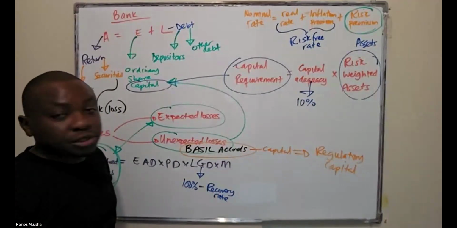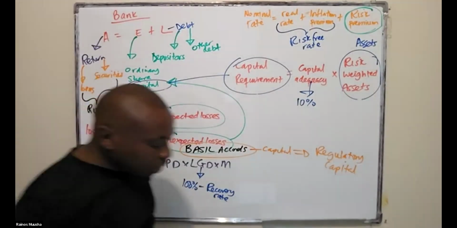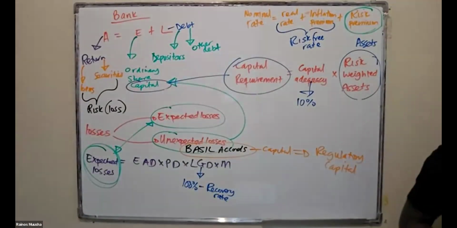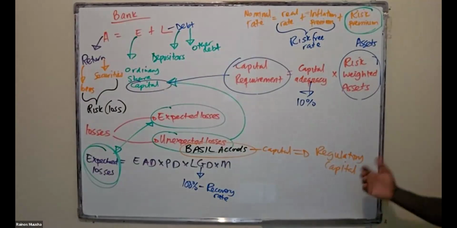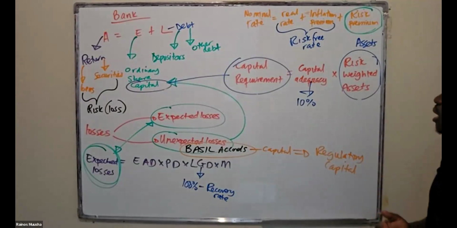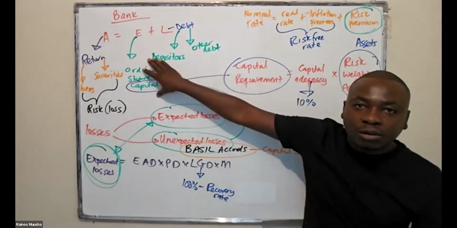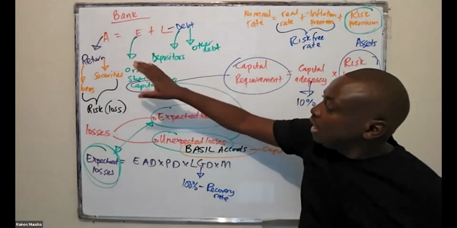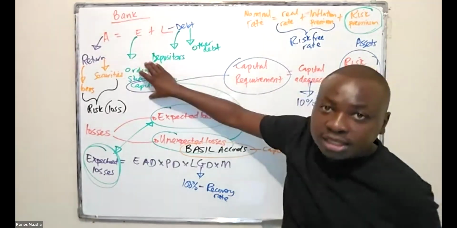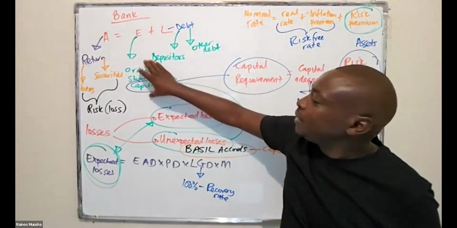Now, economic capital is where we say, as a financial institution, we don't want to have too much capital available within our business. Because if we have too much capital here, what does that mean?